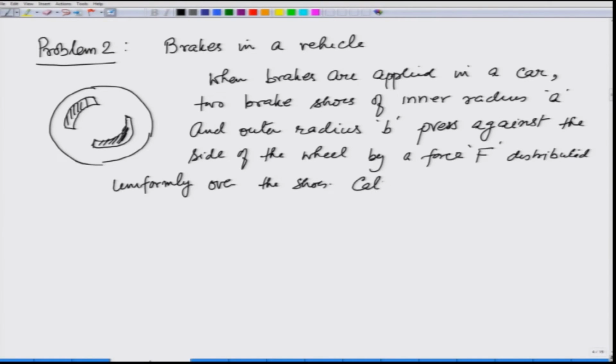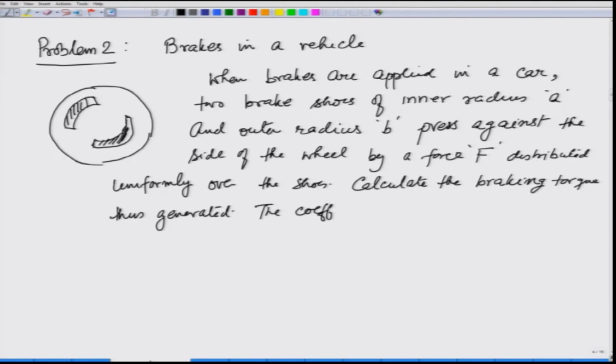Calculate the braking torque thus generated. The coefficient of friction between the shoes and the wheel is mu.